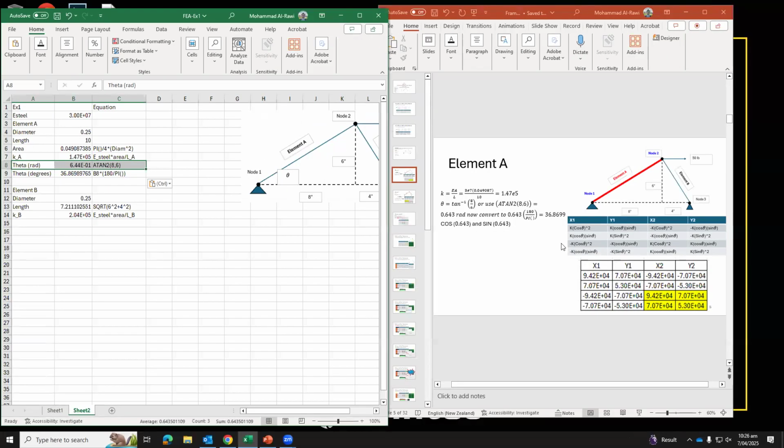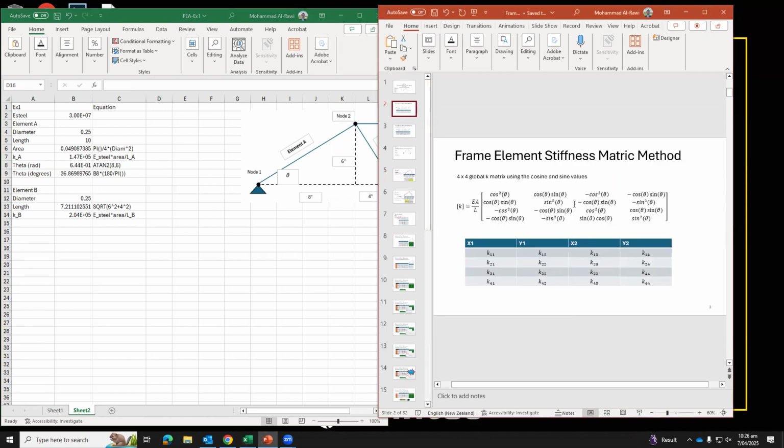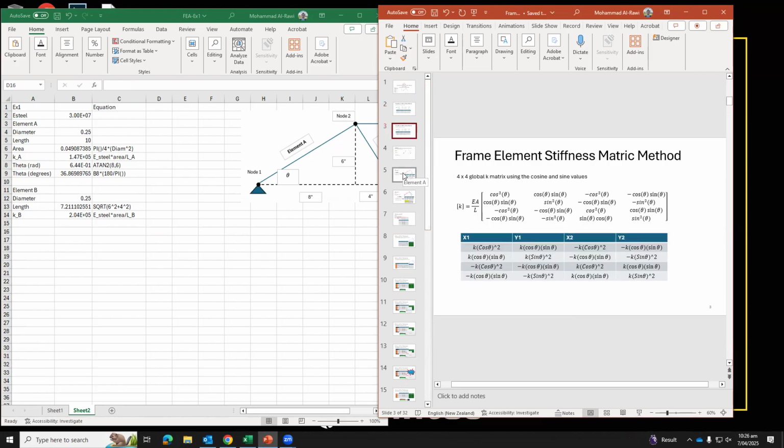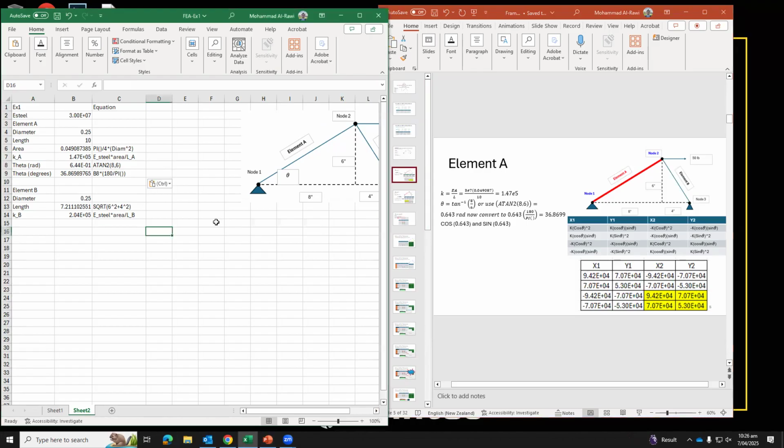Okay, go back to the table. Now, I want to create my elements here. So I could create a matrix of 4 times 4, which is equivalent to what we've seen here earlier. But following this example here, x1, y1, x2, and y2.